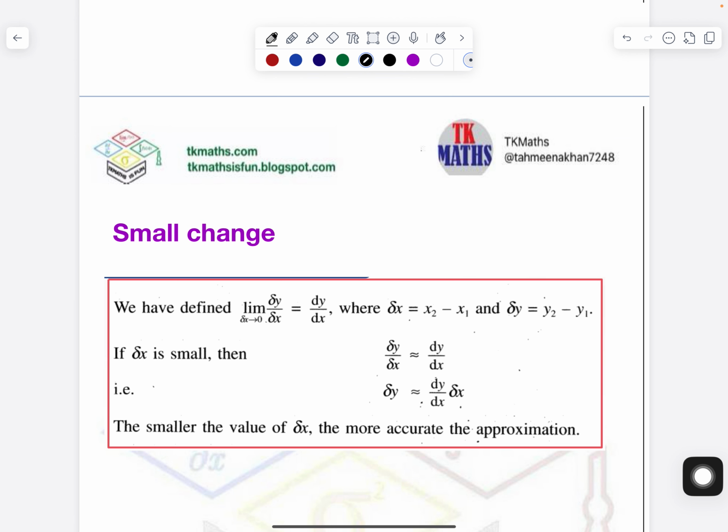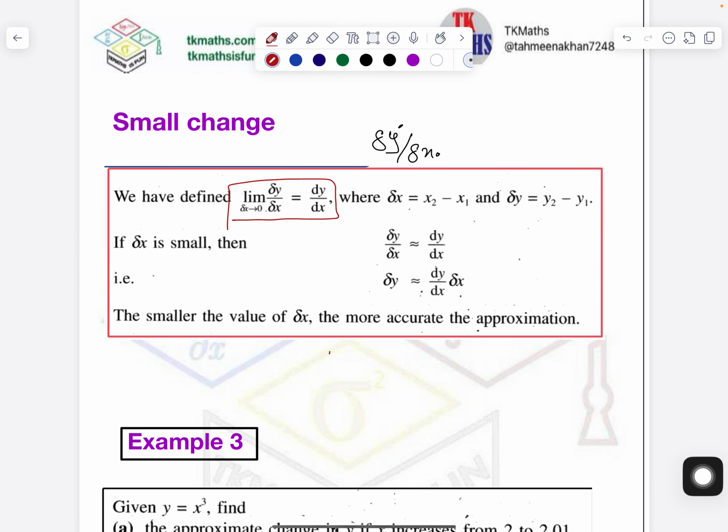Now here if you notice this symbol delta, this is called delta. Delta y divided by delta x. Basically it means a small change in y with respect to a small change in x. Now what is written here in this line basically? It means if your change delta y with respect to delta x is so small that delta x is almost zero, because you see if I show you the graph, I'm trying to show you on a bigger picture.